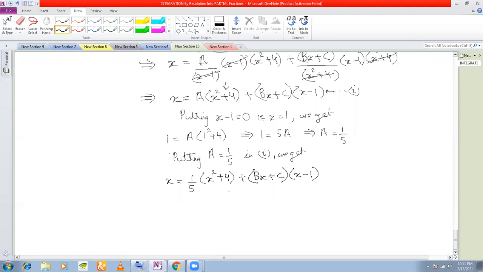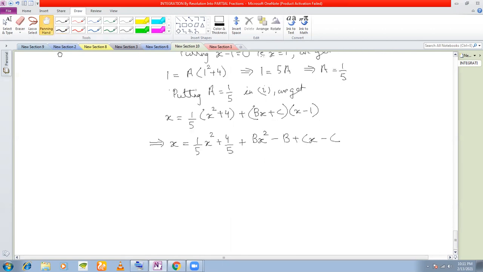Now you multiply everything. You get 1/5 x square plus 4 by 5, and you multiply this one also to get bx square minus b plus cx minus c, right?